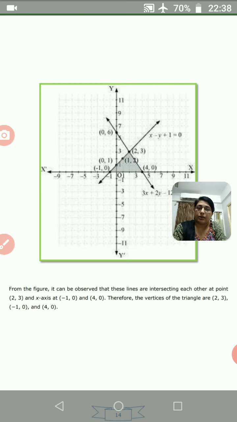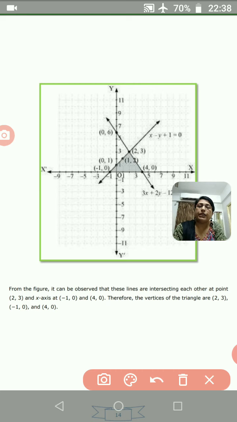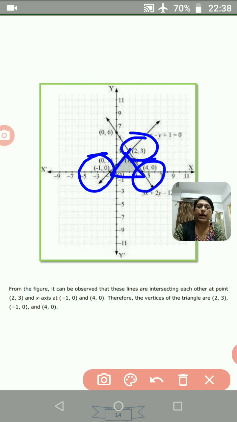And here they have asked that we have to write down the vertices of the triangle. Which triangle? You can see that in this figure. If we draw this graph, then we get this triangle, and we have to write down its vertices. The vertices are (2, 3), (minus 1, 0) and (4, 0). So draw this graph.